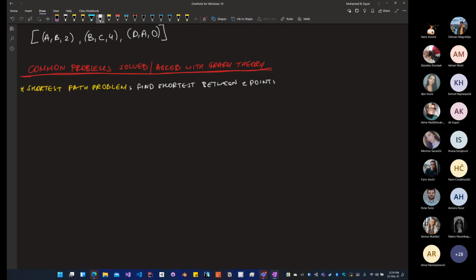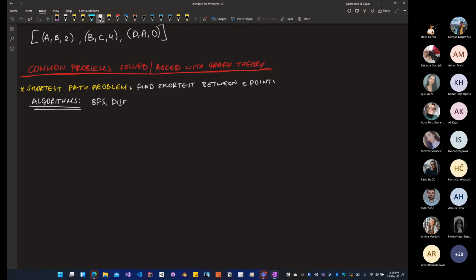Algorithms used for that: if you are faced with this at any point in your career, you could use BFS, which we're going to study, not today, obviously.